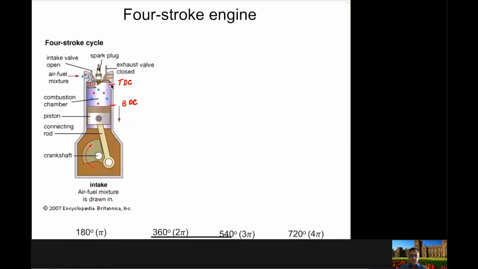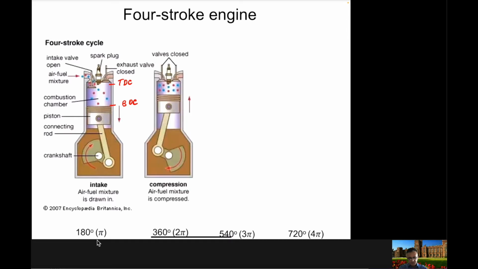During this intake stroke, you will open the intake valve, and this will suck the air fuel mixture into the combustion chamber due to the vacuum created by the movement of the piston. And you can see that when the piston moves from the TDC to the BDC, this will rotate the crankshaft through 180 degrees or pi radians.